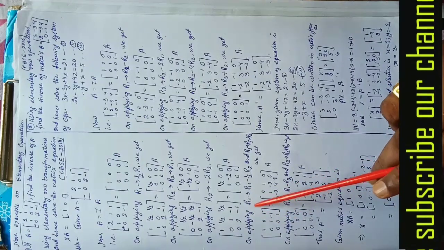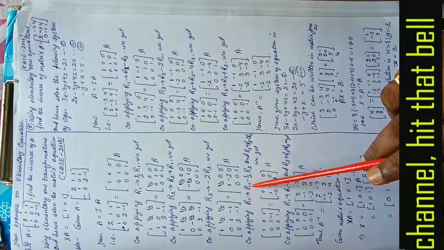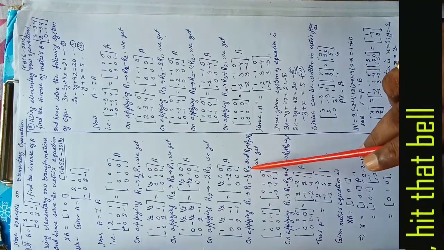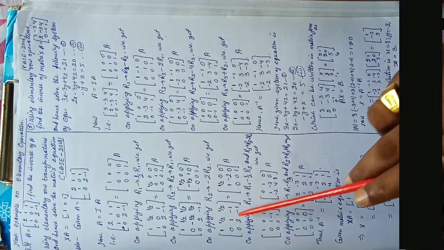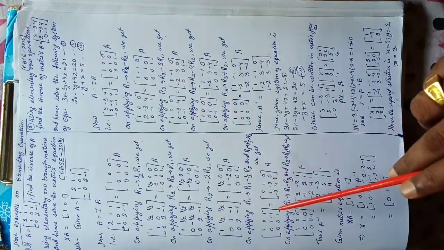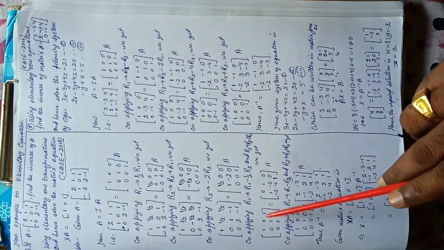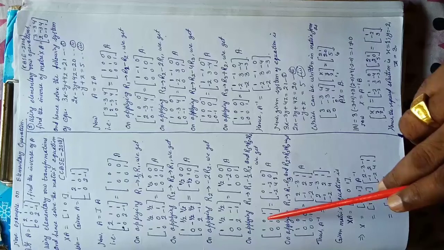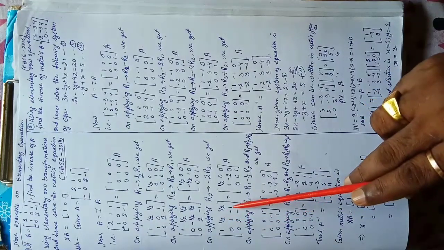Now applying a new operation, row 1 minus half of row 2. That means row 2 multiplied by half and subtracted from row 1, so that we have this 0 and 0 and 1.